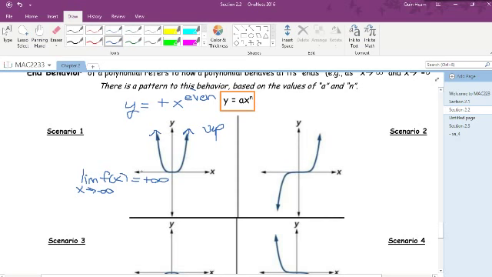So what this is saying is the end behavior on the left is going up, and the limit as x approaches positive infinity of f of x is also going to be positive infinity, meaning that it's going to go up on the right. So it's up on the left and up on the right. Okay, that's scenario 1. You have a positive coefficient and you have x to an even power. All right, in scenario 2, what do you think? What graph does this possibly remind you of? This one here in scenario 2.